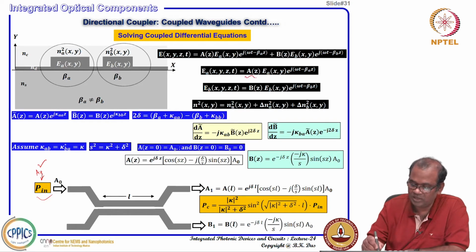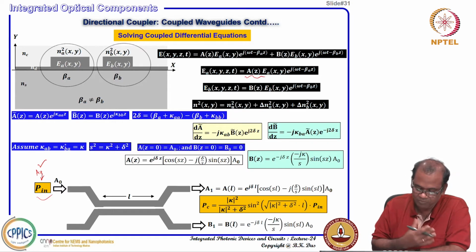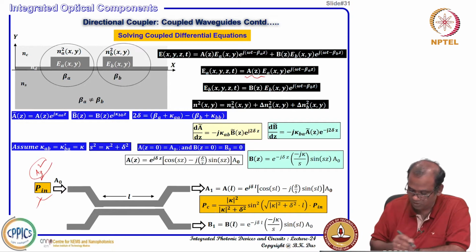We have normalized our mode profile such that the amplitude carries all the power expression. So A naught square is P input. If it is P input, then on the output side, at the coupled or cross port, P C, how much will I be getting there?